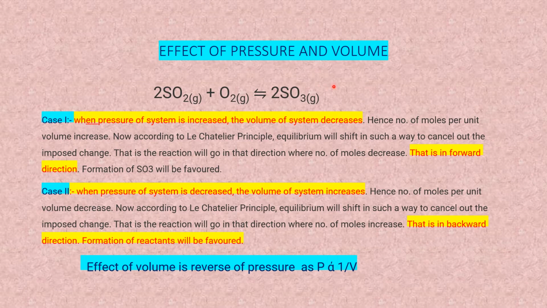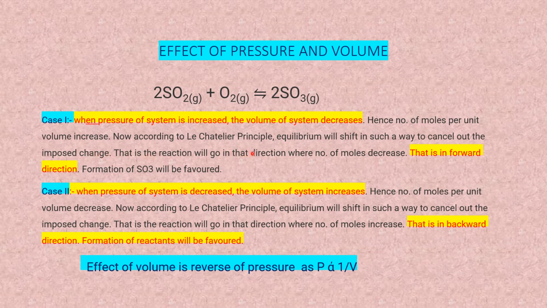Effect of pressure and volume. Let us take the same example to understand the effect of pressure and volume. First case, when the pressure of system is increased. Increase in pressure means the volume of system has decreased. Then the number of moles per unit volume increase.